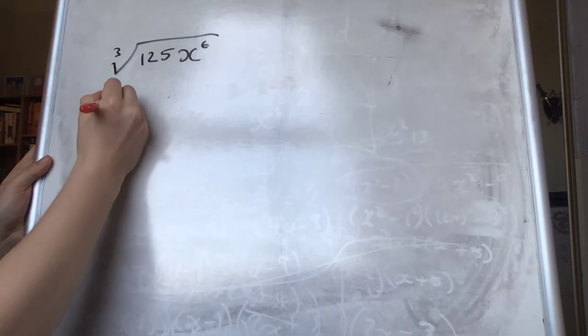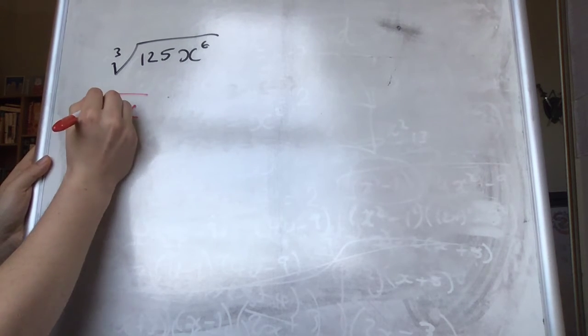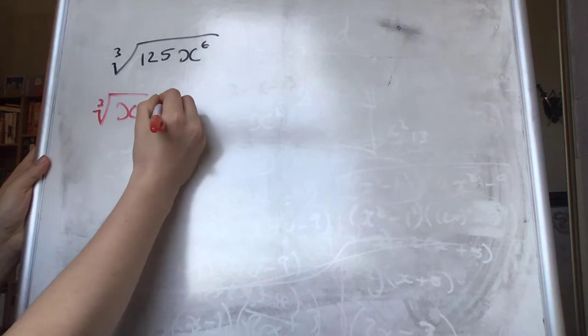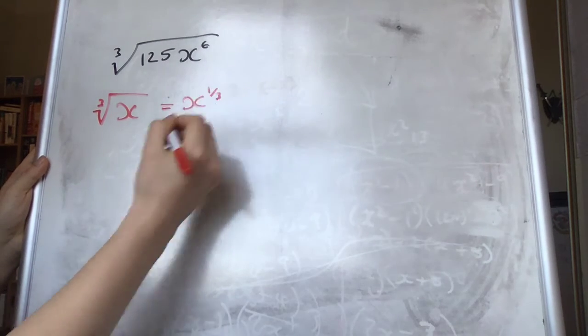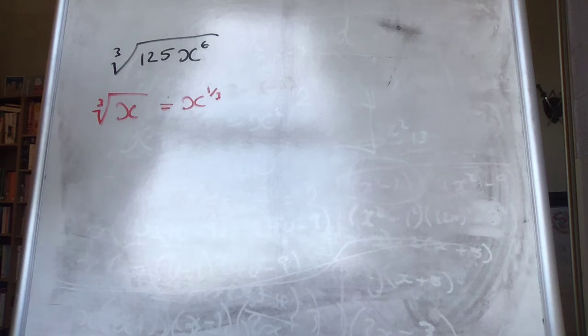Now, if we have the cube root of x, that is the same as saying x to the power of 1/3. So we know that both 125 and x to the power of 6 must both be to the power of 1/3.